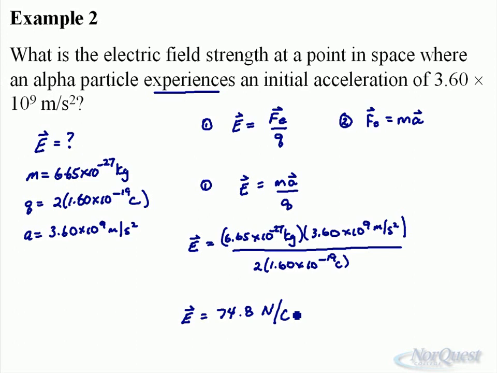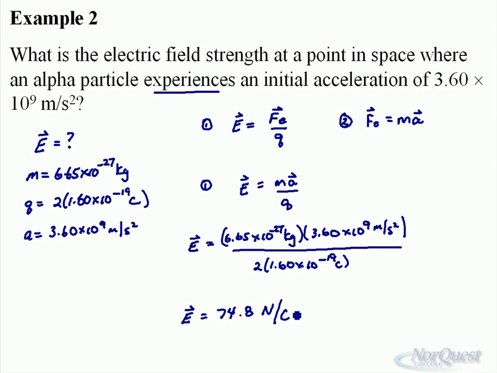Now, back in the notes, you might remember that there are quite a few comparisons between electric fields and gravitational fields. One quick piece of advice: if you look at the constants, that 8.99 times 10 to the 9 is a very big constant, where the gravitational constant, 6.67 times 10 to the negative 11, is a very small constant.